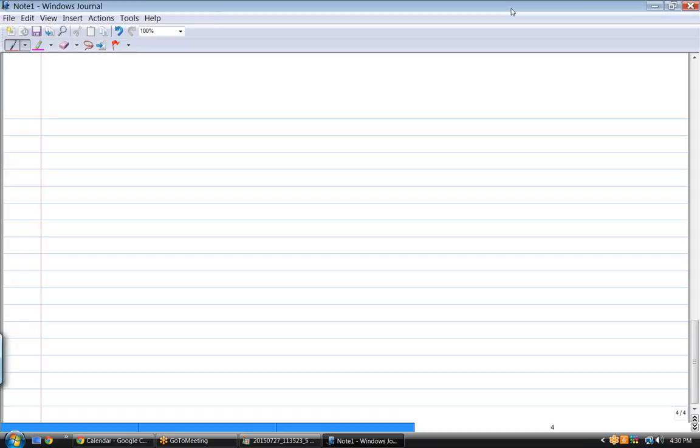In other words, let's do one more problem using the same logic, only our function is going to be a little bit easier. It's just going to be x squared. And we want the area under the curve from 0 to 2.